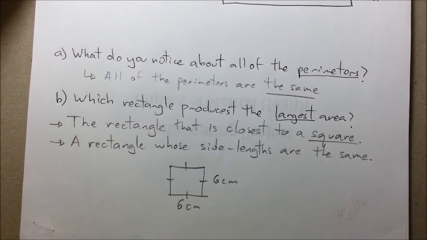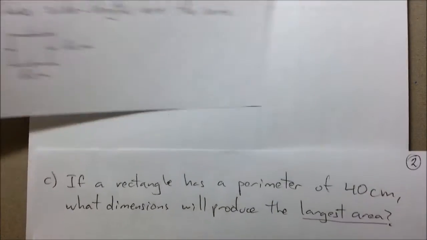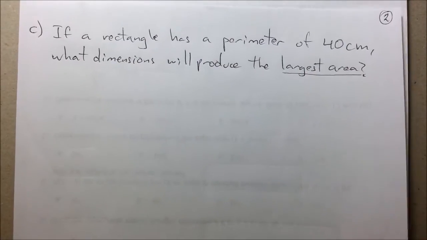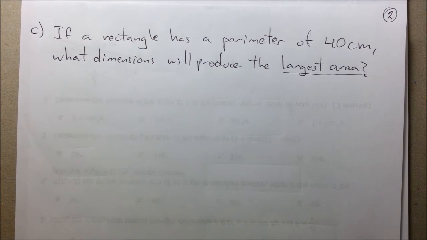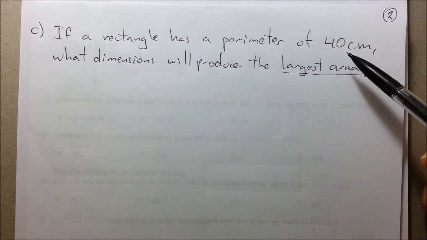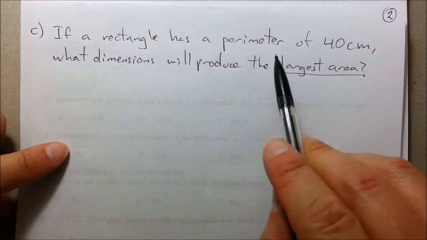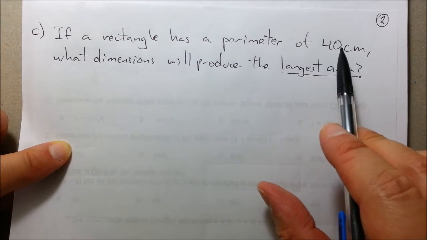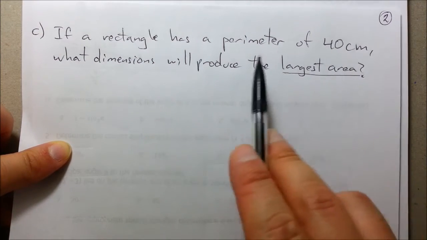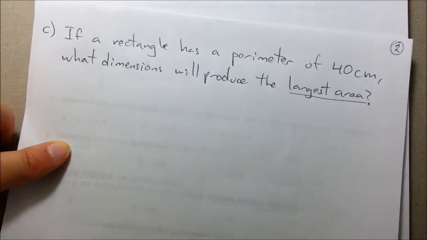Our next question says, if a rectangle has a perimeter of 40 centimeters, what dimensions will produce the largest area? Of course, if we're given a perimeter, the rectangle that produces the largest area is the one that is closest to a square.